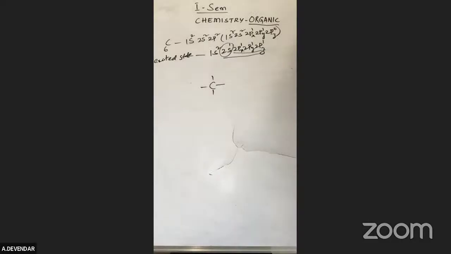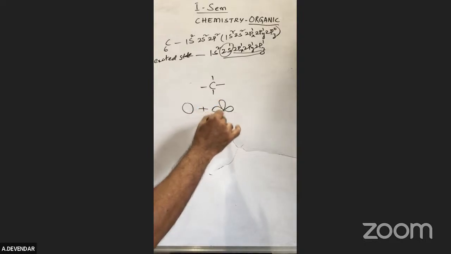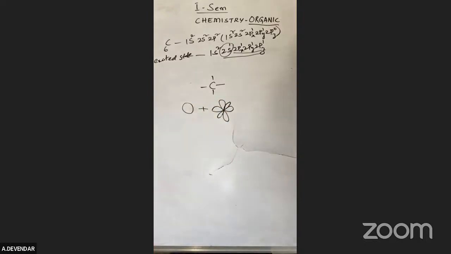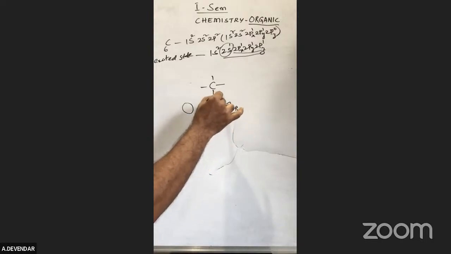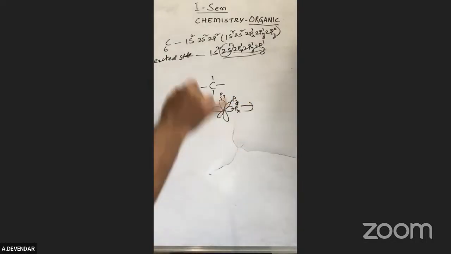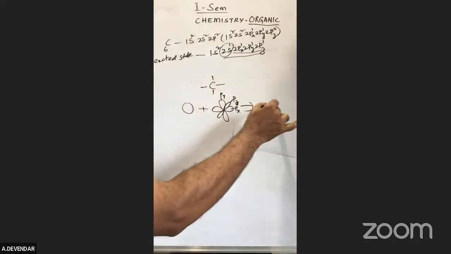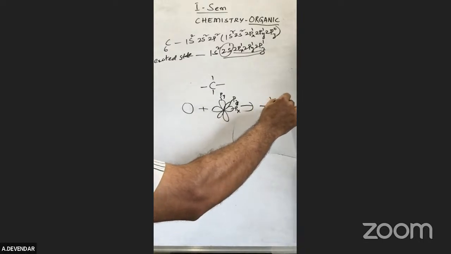The s orbital is spherical in shape, and the p orbital is dumbbell shaped. So one spherical and three dumbbell-shaped orbitals: px, py, pz. When they combine, you get this carbon, with all bonds of equal length. The bond length is 1.54 angstroms only.